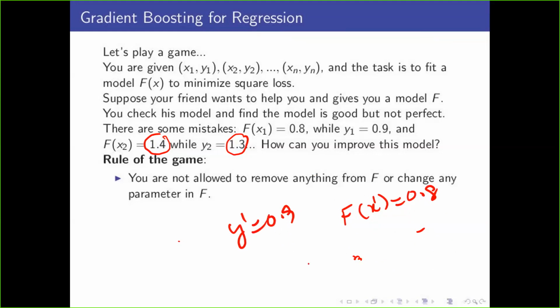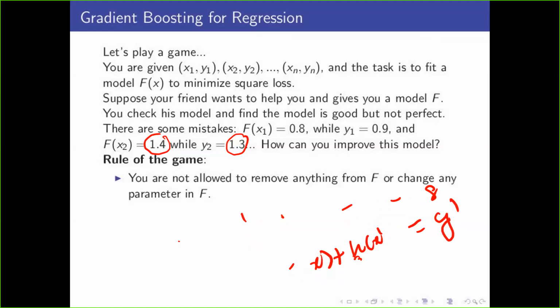So what you're suggesting is that you add another component, another function, right? Because you're not allowed to make any changes to f, add another hypothesis h of x1, so that f of x1 plus h of x1 is equivalent to y1. This is what you are suggesting, right?